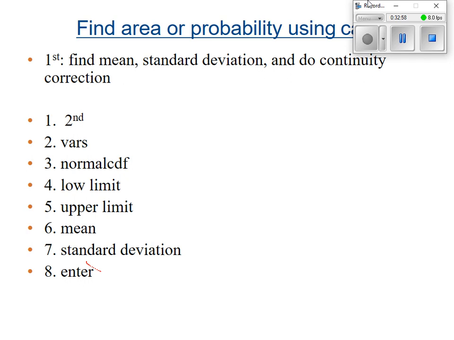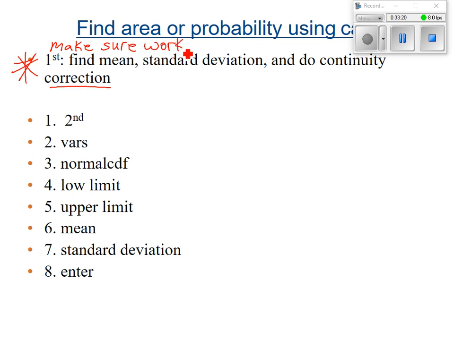Very first thing, please make sure you do this. Very first thing you've got to do is find the mean and the standard deviation and do the correction. And I probably should have written in here, you've also got to make sure it works.